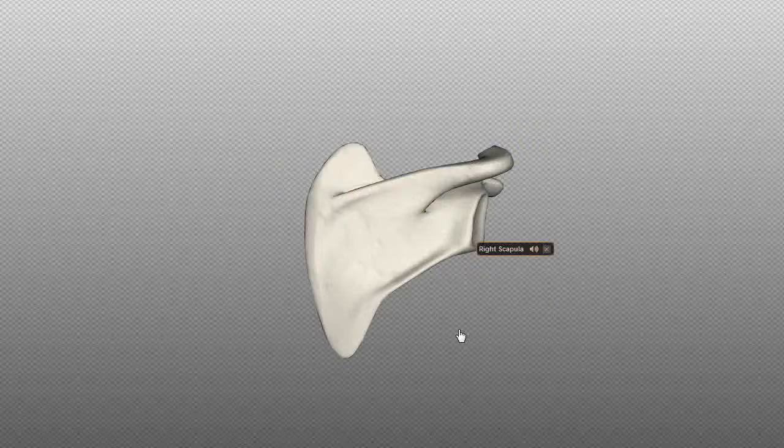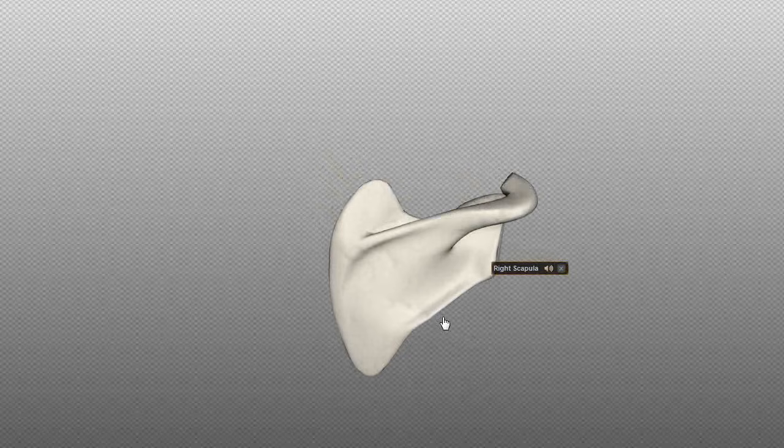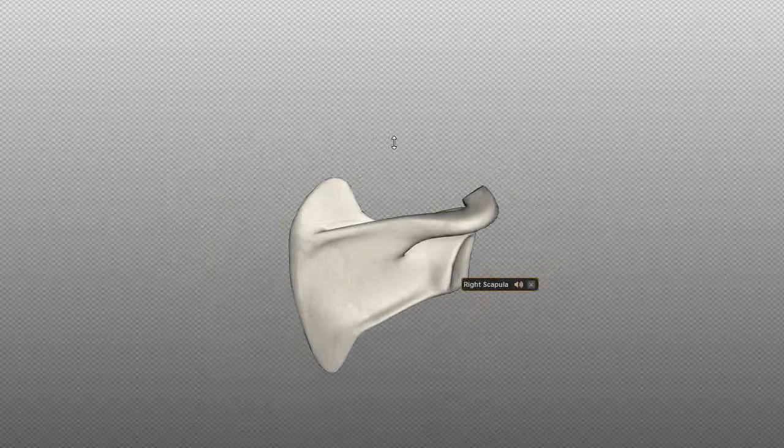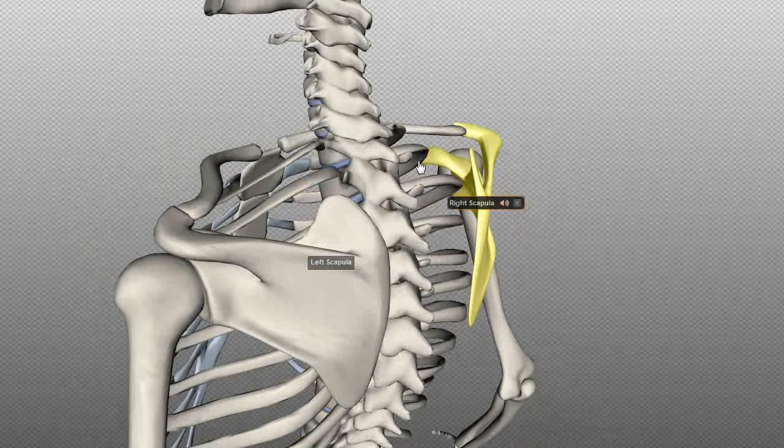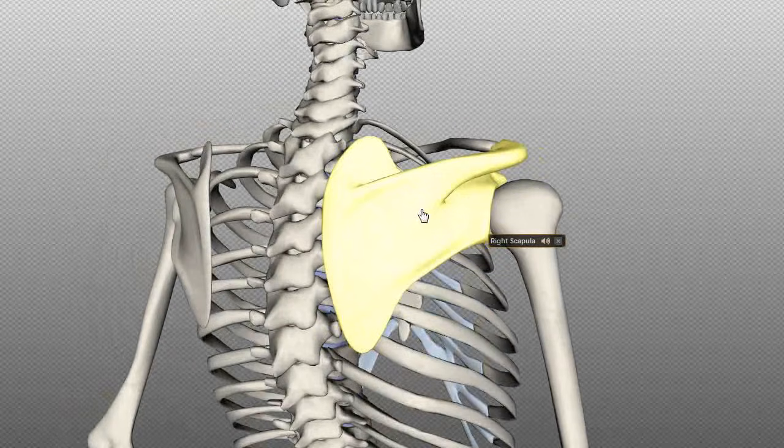You've also got two surfaces of the scapula: the posterior surface and the anterior surface. The anterior surface is the costal surface, which lies against the ribs, and the posterior surface is obviously at the back of the scapula.